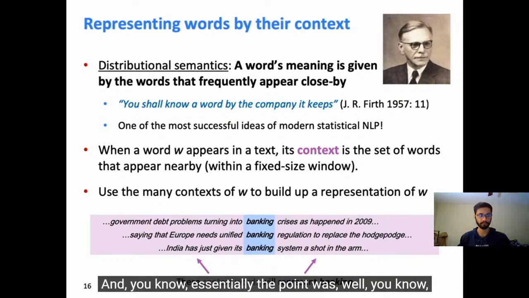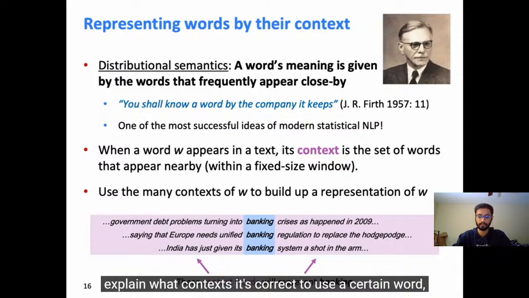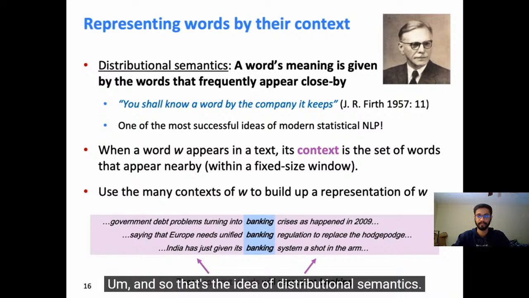Essentially the point was, if you can explain in what context it's correct to use a certain word versus in what context it'd be the wrong word to use, this maybe gives you bad memories of doing English in high school when people said, oh, that's the wrong word to use there. Well, then you understand the meaning of the word, right? And so that's the idea of distributional semantics.